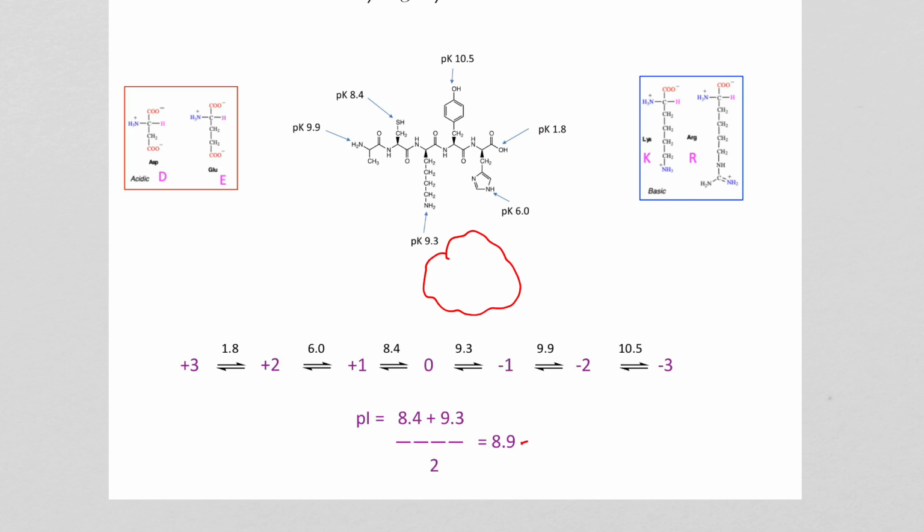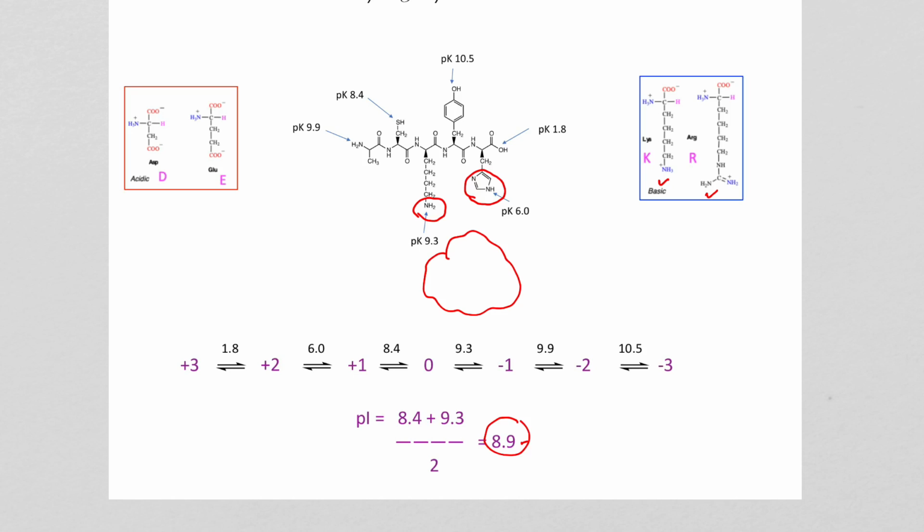And the reason for that is you can see there are more amines, basic amino acids. So when you have more basic amino acids, especially lysine and arginine, it tends to increase the pI to more than 7. So in this case, 8.9.